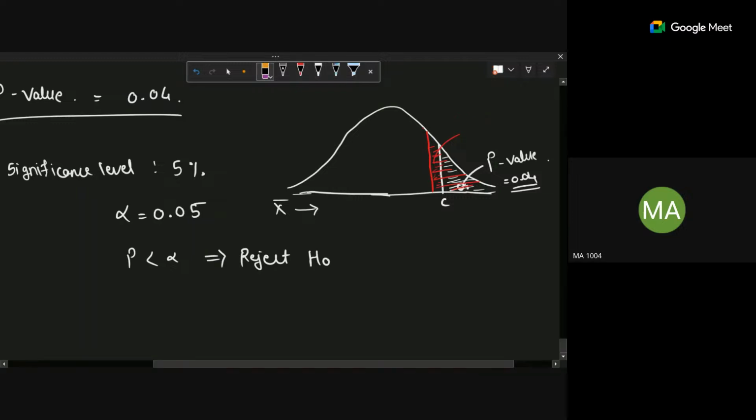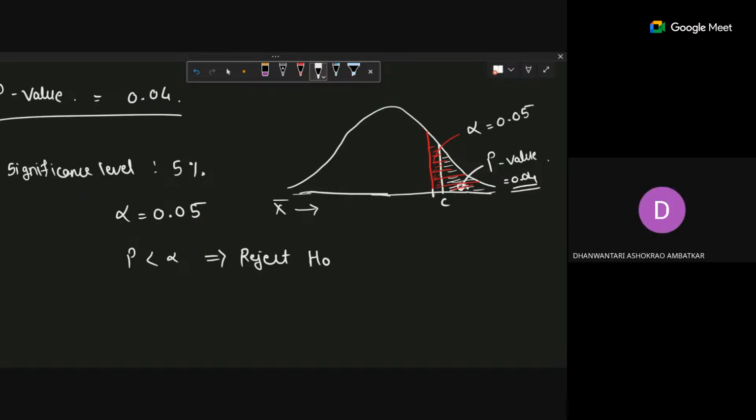If we are checking at this point for significance level 0.05, then, whatever we have seen till now, we will reject the null. Whenever my p is less than alpha, I will reject my null.